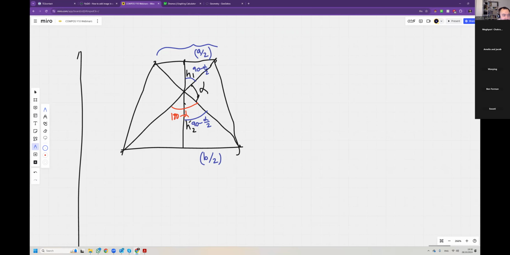And so I can write that tan alpha over 2 for this triangle is B over 2 divided by H2.